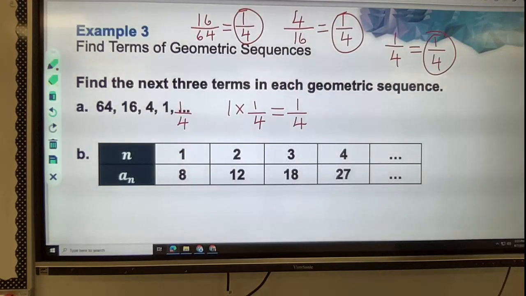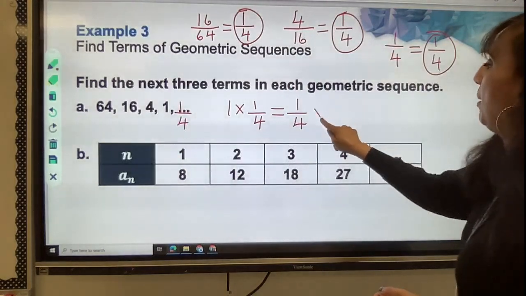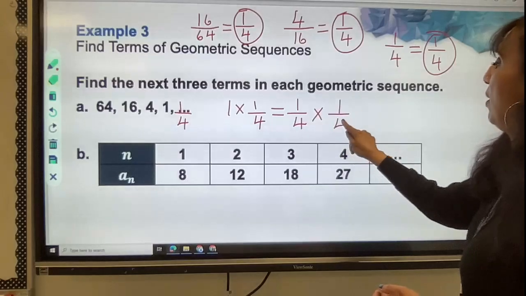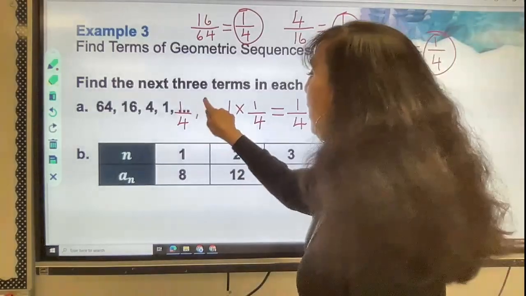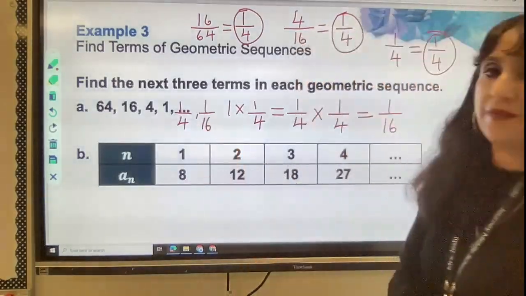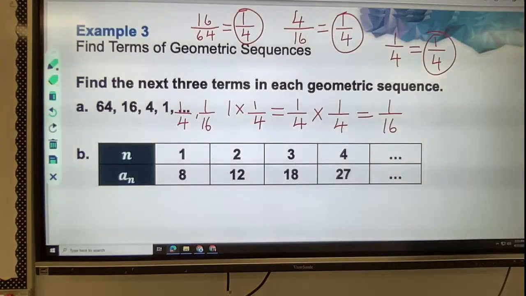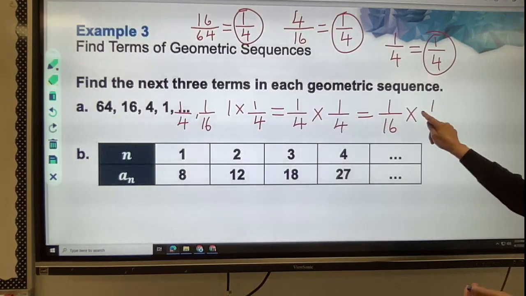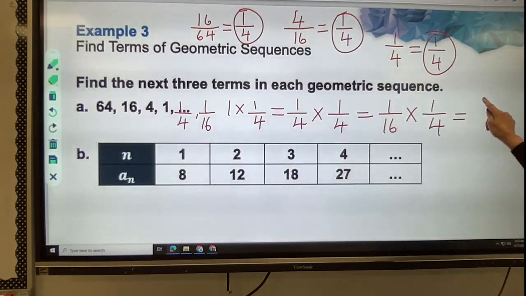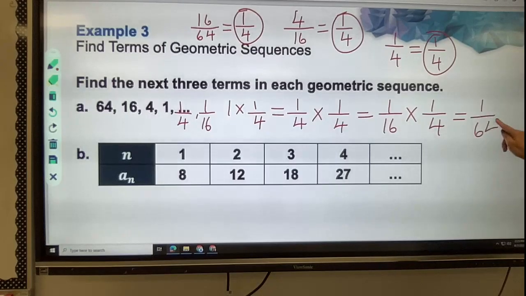Okay. Then I'm going to take 1/4 and I'm again going to multiply with 1/4 and I'm going to get 1/16. So that is my next number over here. Okay, and then I'm going to take the 1/16 and I'm going to do times 1/4 and I'm going to get 1 over 64.